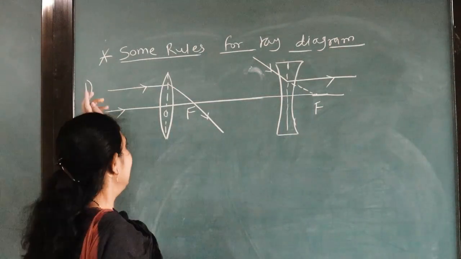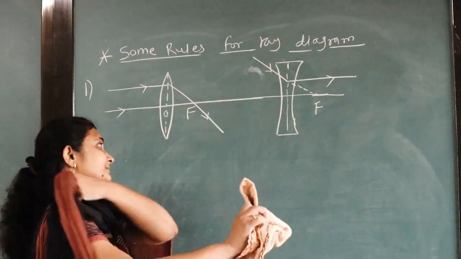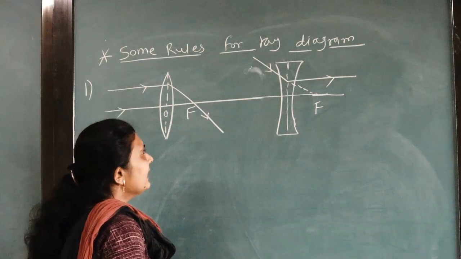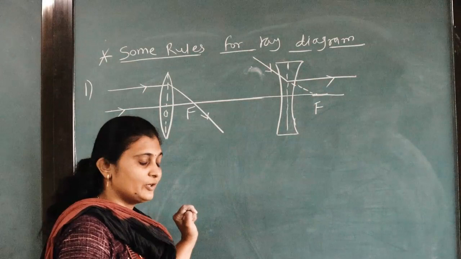The same rule is there. If the incident ray is parallel to the principal axis, then after refraction it passes through the focus point.